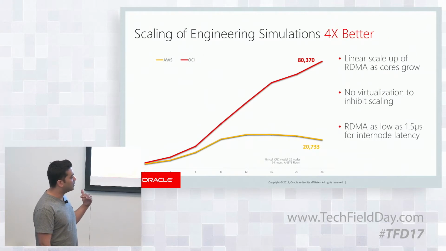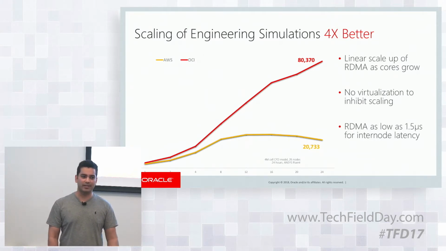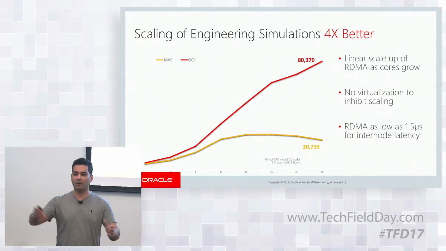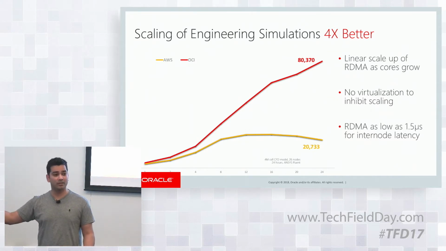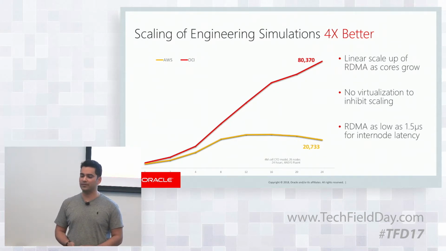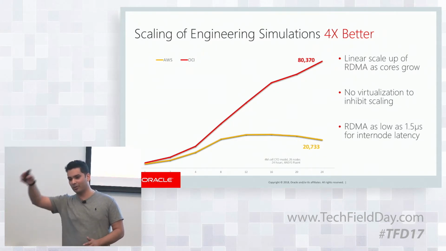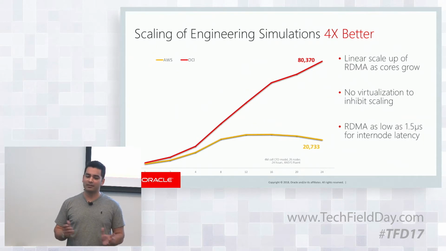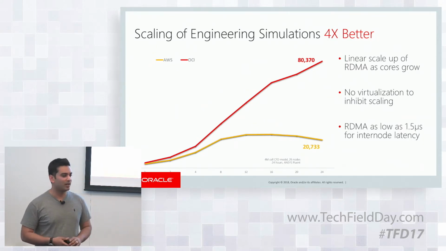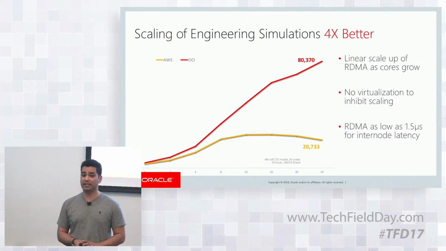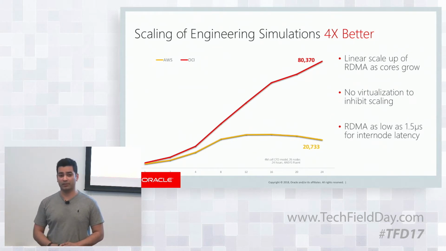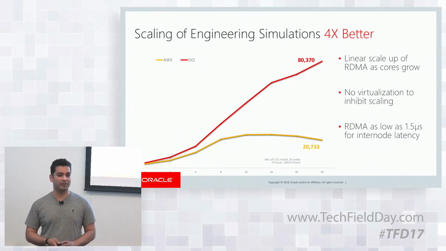And so the thing that matters to an engineer is how quickly can I run my simulation and how far up can I scale my job. Generally, from an RDMA perspective, most jobs fail or start to go downtrend at about 512 cores, maybe 256, depending on the code. We're seeing really, really good scale. In fact, we're scaling linearly beyond 512 cores for a single job, which is basically better than on-prem today in that sense.